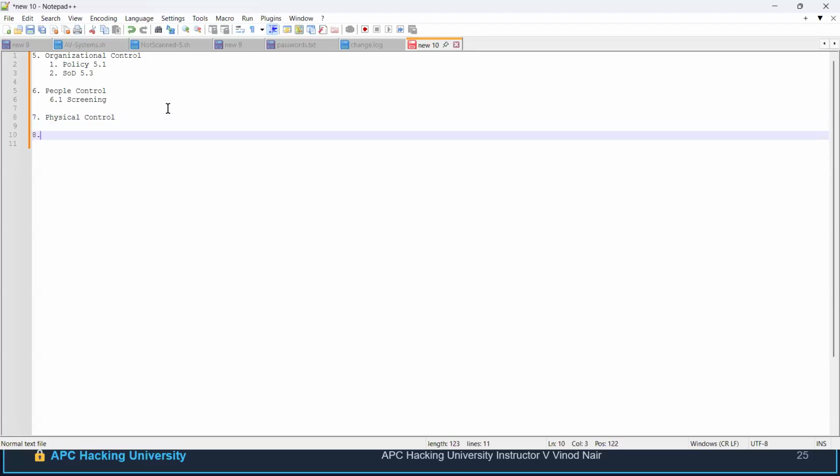Then what is the eighth control? You said support, because it comes under physical control, right? What is the eighth control?